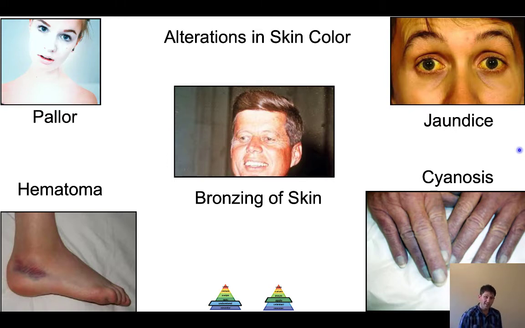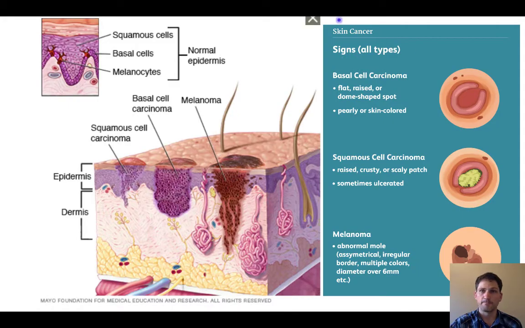In the top right, you see jaundice. Jaundice is a yellowing of the skin that comes from a buildup of bilirubin. Our livers process and break down bilirubin, and it ends up in our urine and feces. And cyanosis is from poor oxygenation. We get a bluish tint to the skin, where I'm pointing.